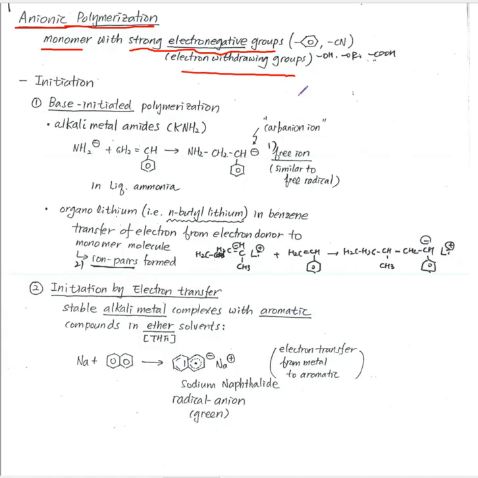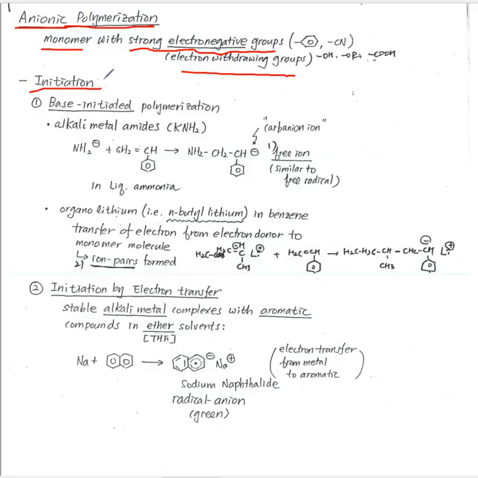That's the main feature. Similar to free radical and cationic polymerization, there are also three distinct steps in anionic polymerization: initiation, propagation, and termination. Let's consider them one by one.